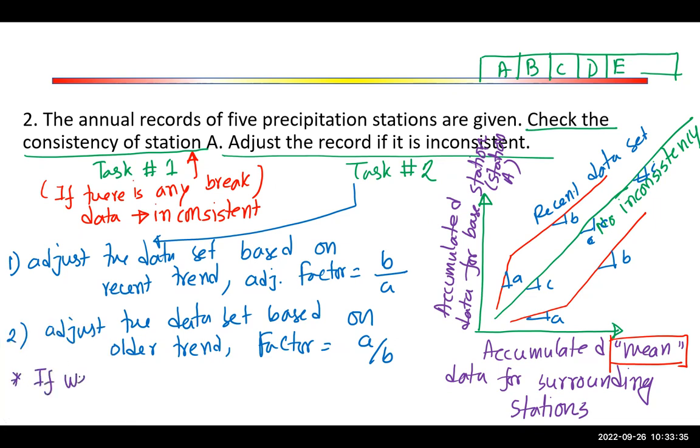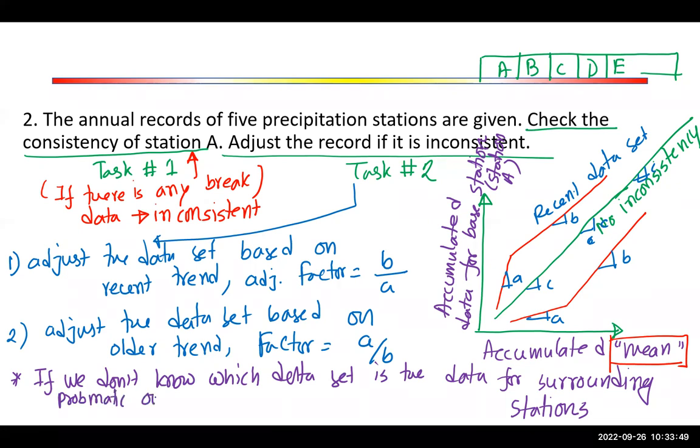If we don't know which data set is the problematic one, we will always adjust the smaller set of data.